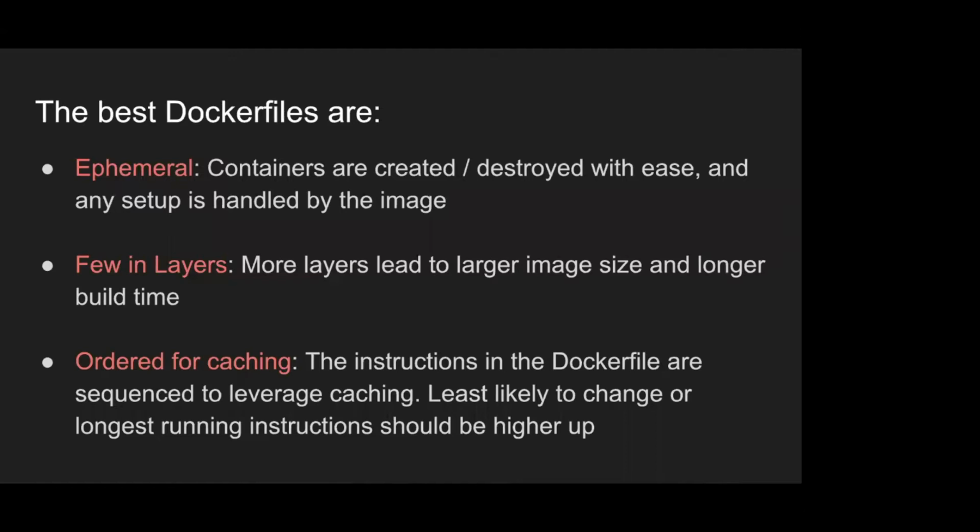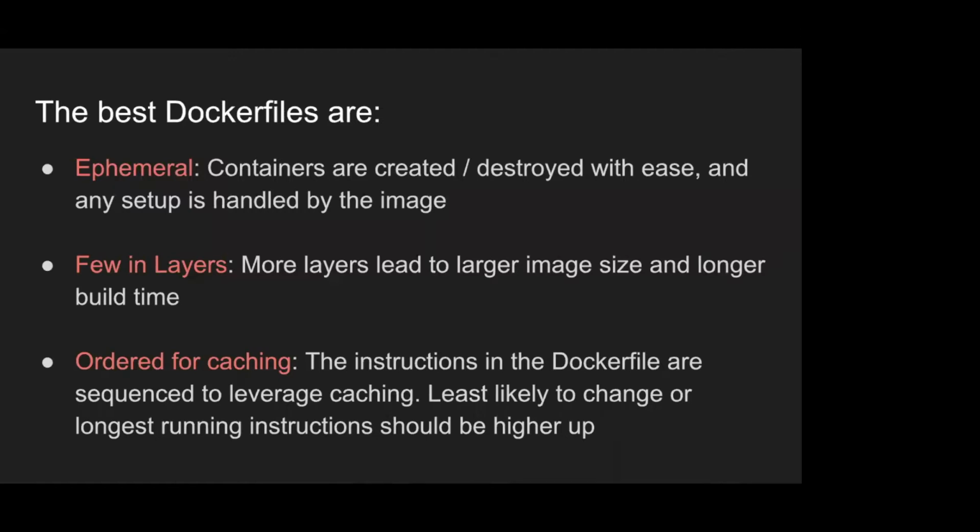The other thing that is kind of interesting is you want to order the instructions in your Dockerfile so that you take advantage of what's called a build cache. So every time you are building an image from your Dockerfile, it's going to look and see if you have an image of the same name previously and try and cache whatever layers have not changed. So this kind of means that you should structure your Dockerfile in a smart manner where you have the least likely to change instructions going to the top of your Dockerfile, as well as the longest running instructions.